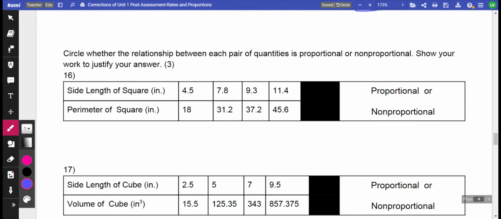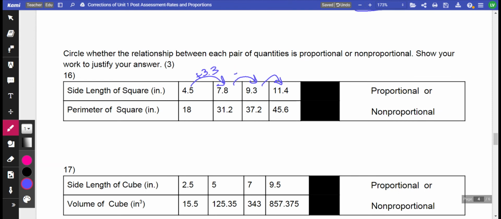Number 16 and 17, the directions say circle whether the relationship between each pair of quantities is proportional or not proportional. Show your work to justify the answer. So I'm going to find my rate of change for each of these. The first, I'm adding 3 3/10.